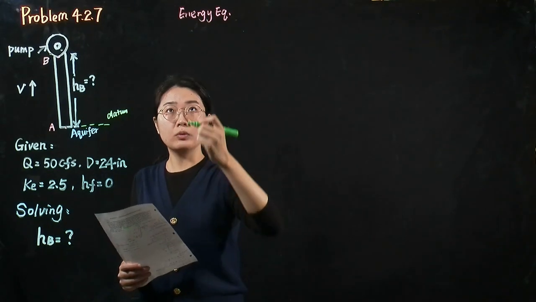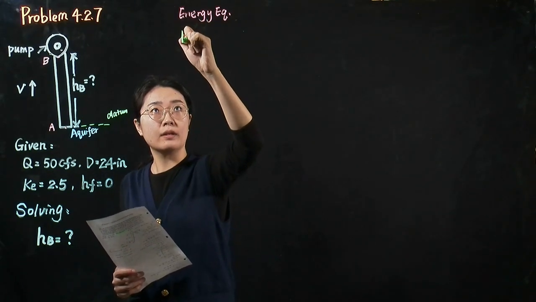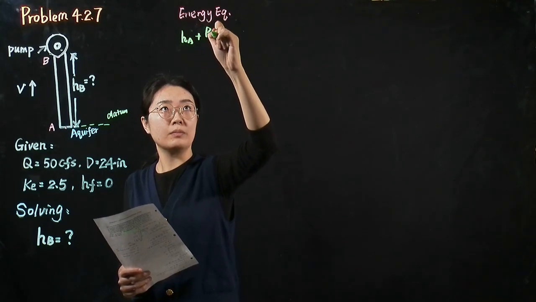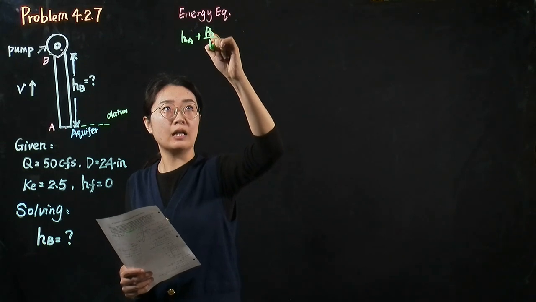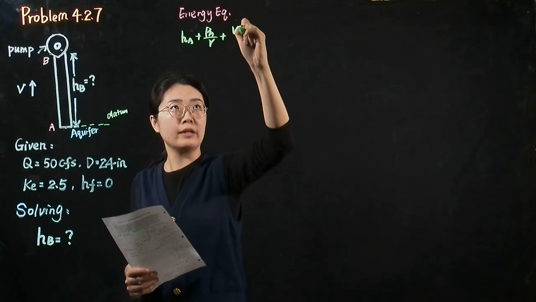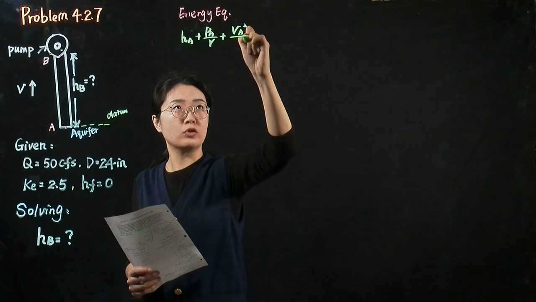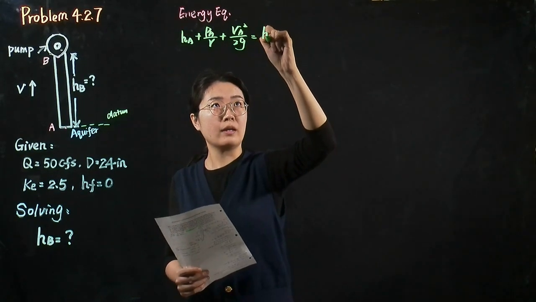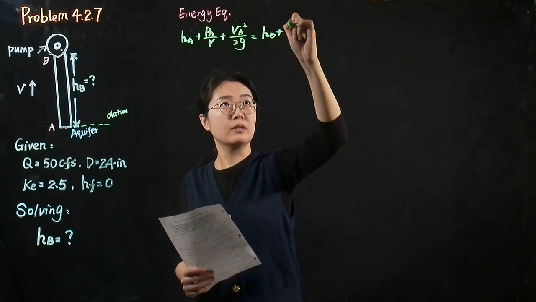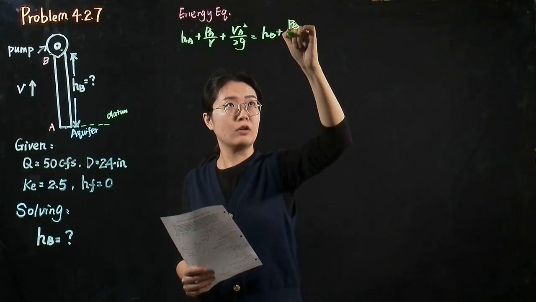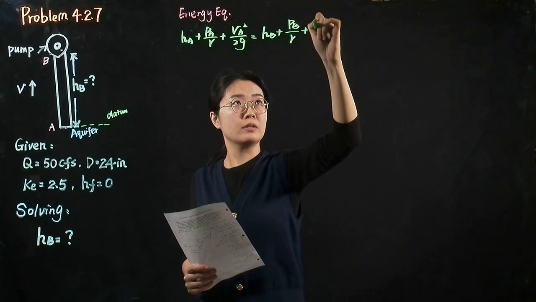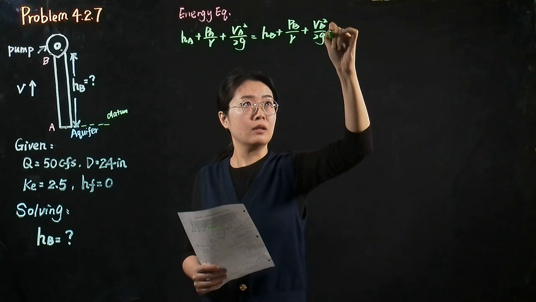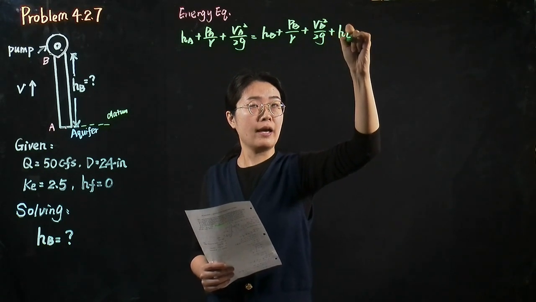The energy at point A is HA plus PA over gamma plus VA squared over 2G equals HB plus PB over gamma plus VB squared over 2G plus the head loss.